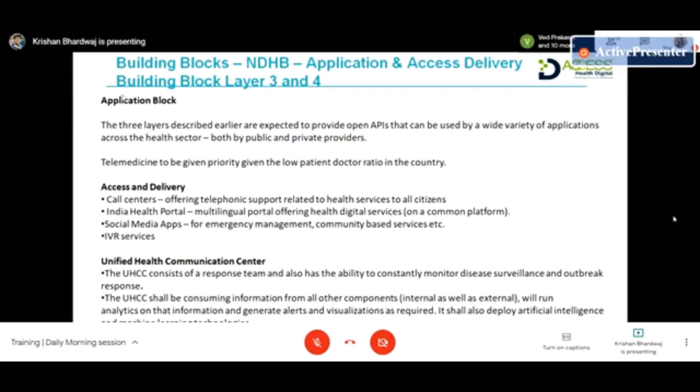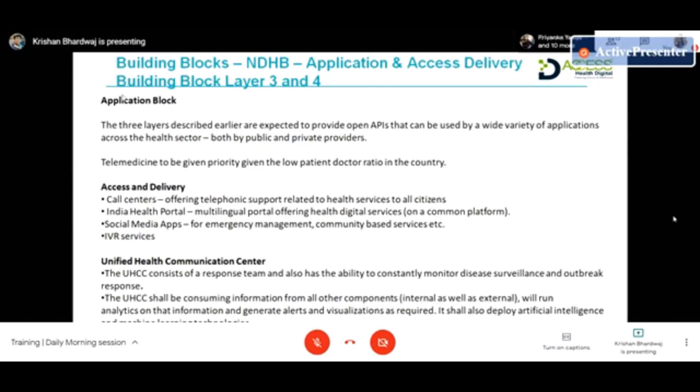Then they are talking about the India Health Portal, similar to the Umang Portal, which is a citizen portal. It should be a multilingual portal, available in different languages and dialects, Kannada maybe, Maharashtrian maybe. And this portal should be one single place where citizens can access all the health related digital services. So we can integrate all the services together in this portal.